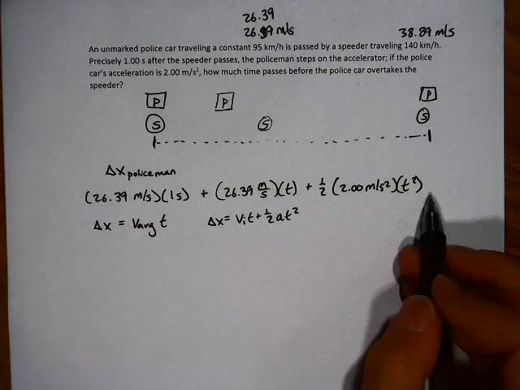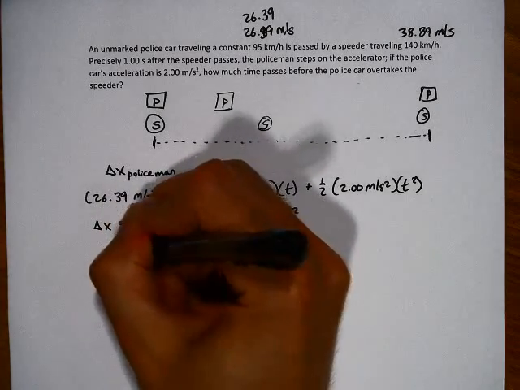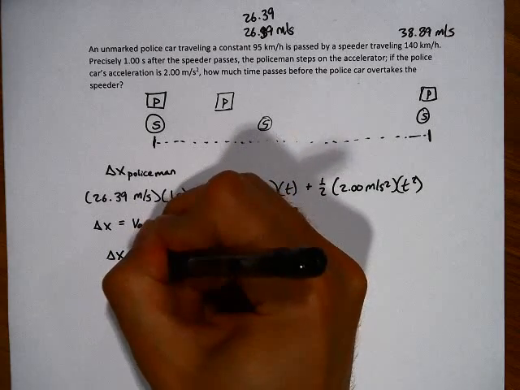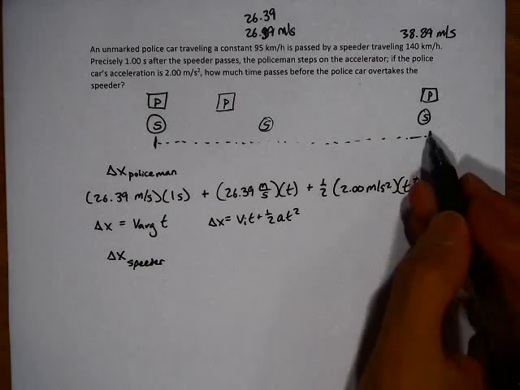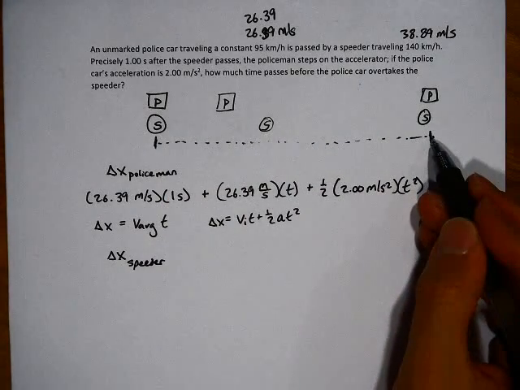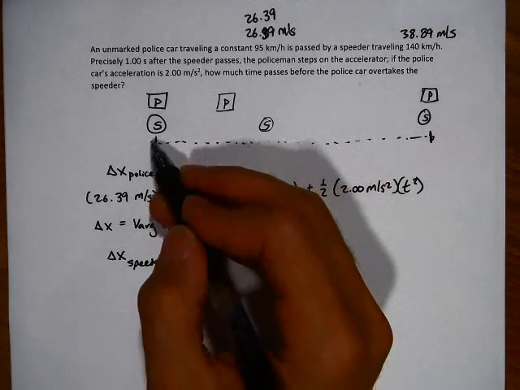This entire expression right here needs to be set equal to the delta x of the speeder, because that's the condition under which they meet up, when they both have the same overall delta x or displacement. It happened here, of course.